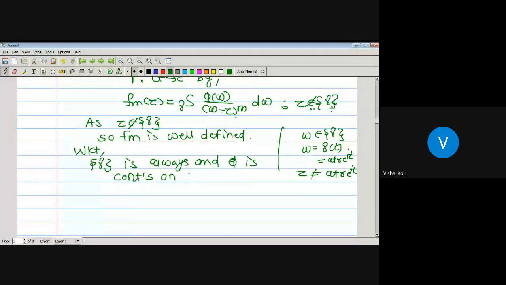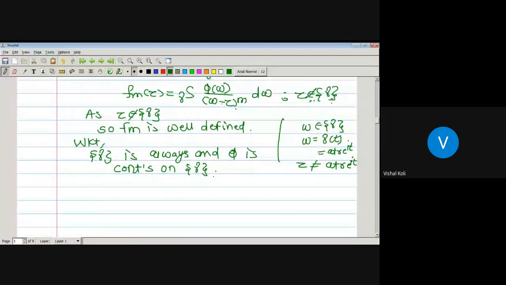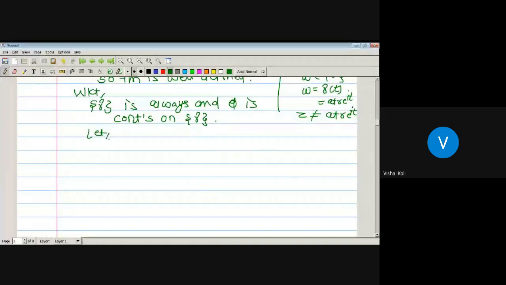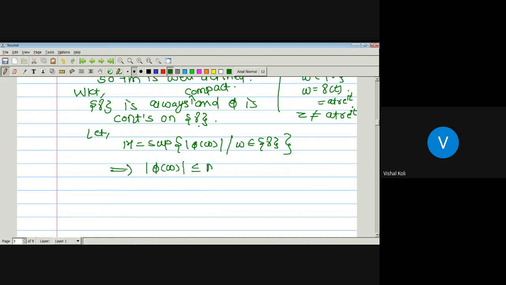Now let us consider capital M as the supremum of modulus of phi of W. Since phi is continuous on trace of gamma, which is always compact, phi must be bounded. As phi is bounded, we consider capital M as the supremum of modulus of phi of W, where W belongs to trace of gamma, which implies modulus of phi of W is always less than or equal to M. Is it true?